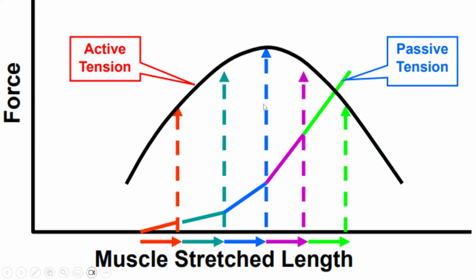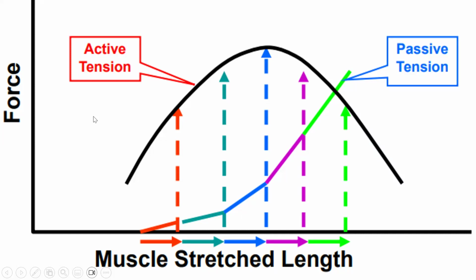Why? Because the optimal length or resting length of the muscle is the length at which the muscle can generate the maximum amount of force. So this is here. This side will be below the optimal length, and this side will be above the optimal length. Here you are shortening, or below the optimal length. Here you are stretching the muscle, the lengthening muscle.